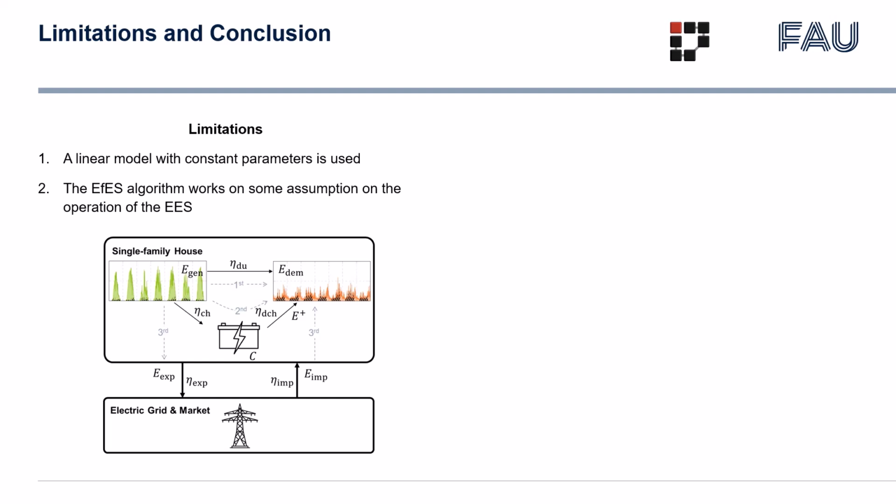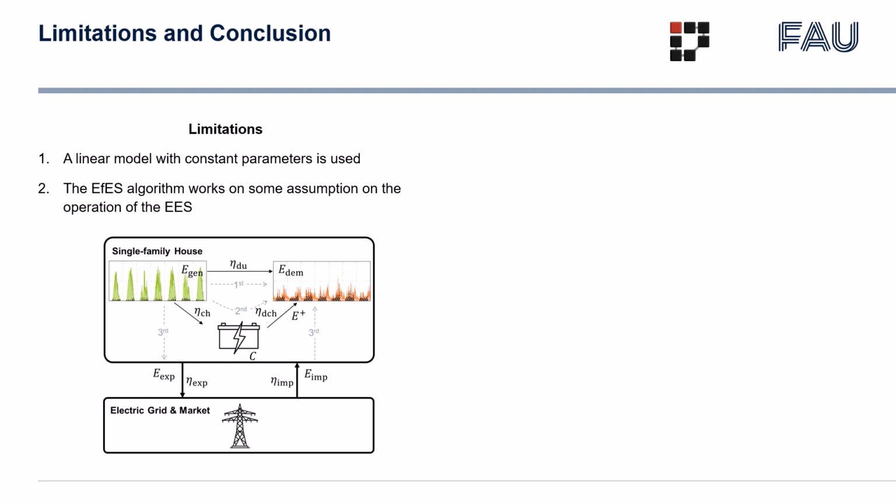Another limitation comes from the EfES algorithm itself, since it uses the patterns arising from the greedy control algorithm for the EES. So first use direct usage, then usage of the battery storage, and lastly importing and exporting to the grid. This greedy strategy, however, is also quite common in households because it's easy to implement on the system itself.